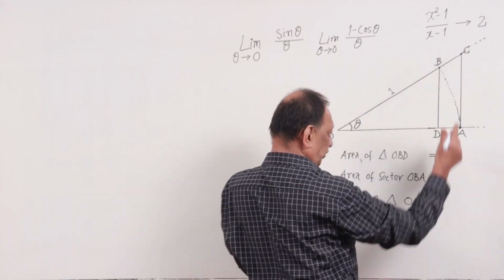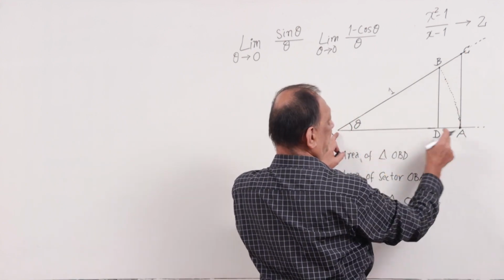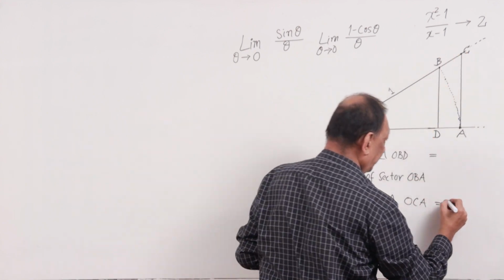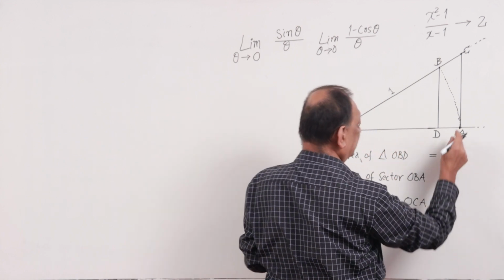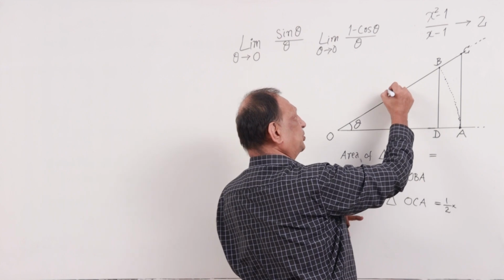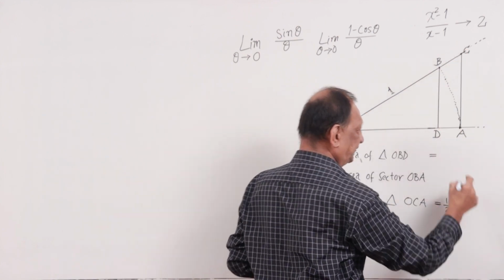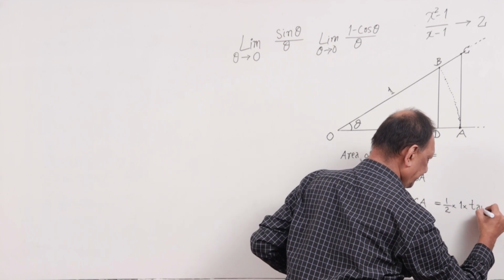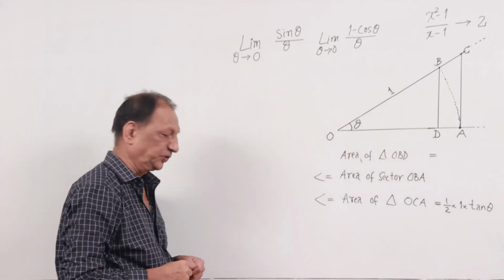Or if you want, you can start with OCA. What is the OCA area? Is half base multiplied by height, right? So half multiplied by, what is the base? OA is the radius. Radius I have assumed as 1, no? Multiplied by 1, multiplied by height. Height is tan theta. So half tan theta is the area of triangle OCA, correct?